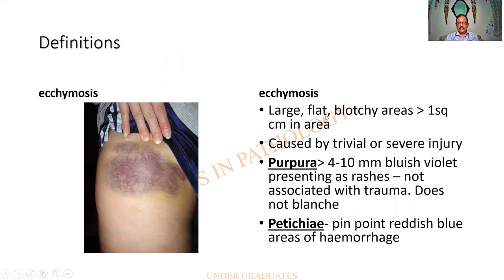Ecchymosis is a large, flat, blotchy area, more than 1 square centimeter. In this case, it is several square centimeters, caused by trivial or severe injury. Purpura, which we had seen in the earlier picture, is 4 to 10 millimeters, and petechiae are less than 3 millimeters, or as low as a pinpoint. These three terms you people should know and have in mind.